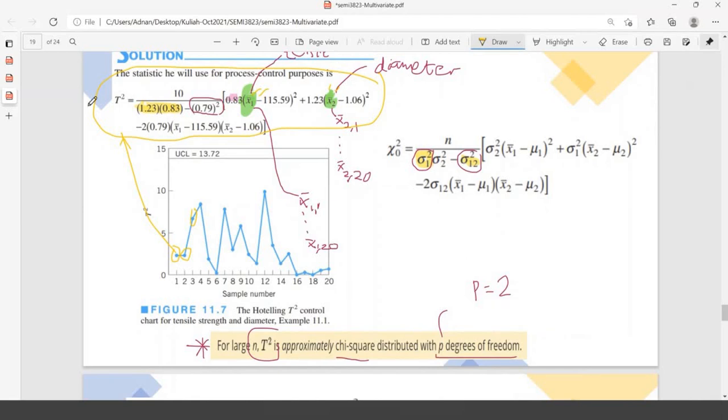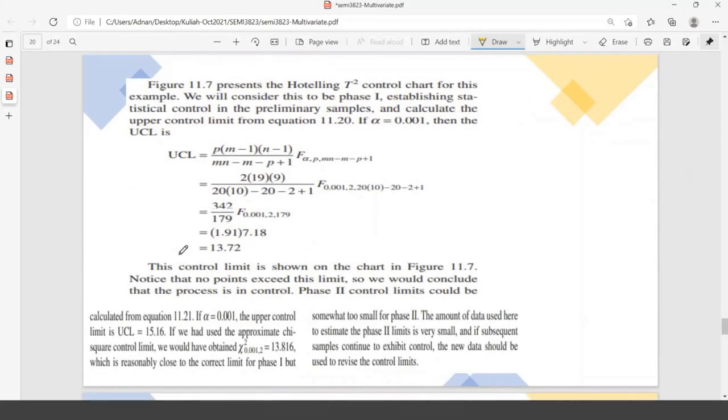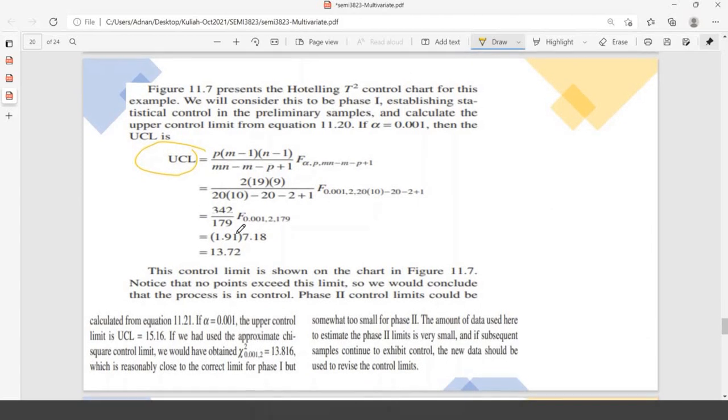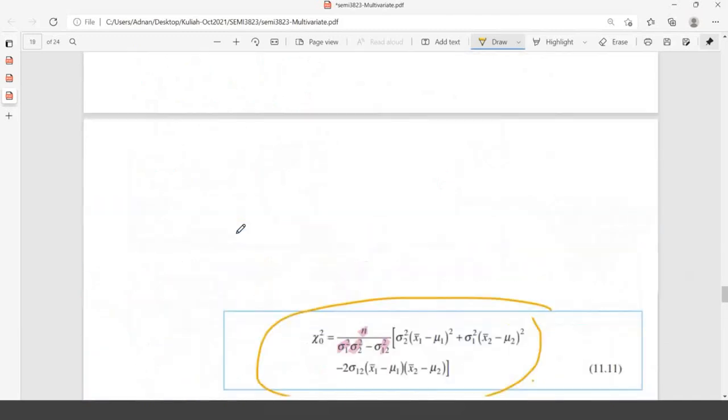Okay, we have a control limit in the T-square chart. The important control limit is only the upper control limit. The lower control limit is not important. Okay, the control limit is decided by this one. The upper control limit, we have this formula. Okay, remember that I said phase 1 and phase 2. So in this case we start with phase 1.